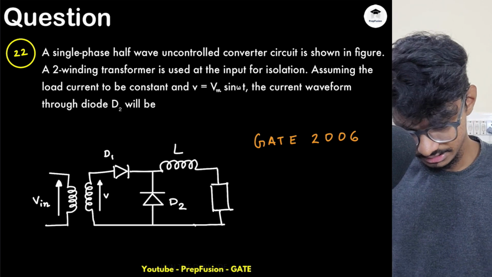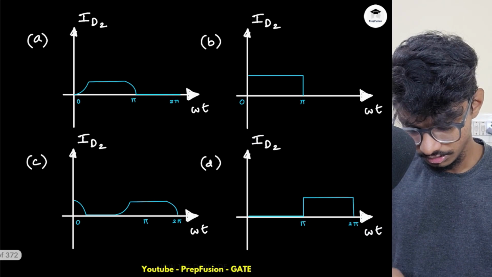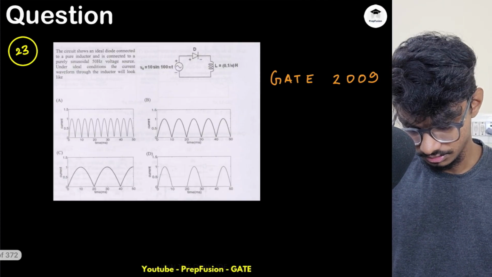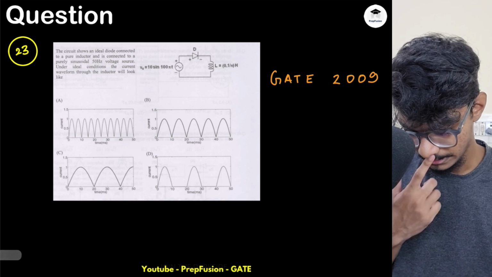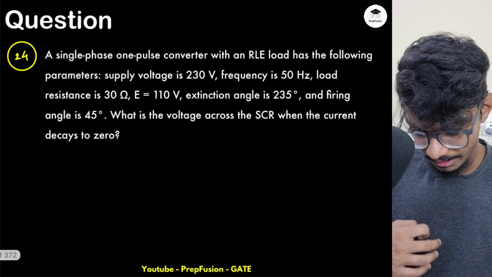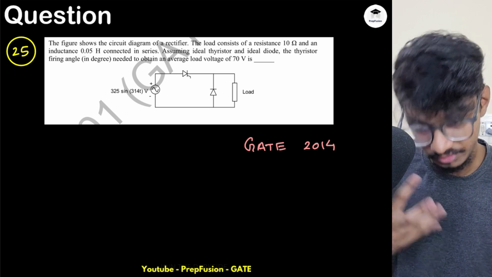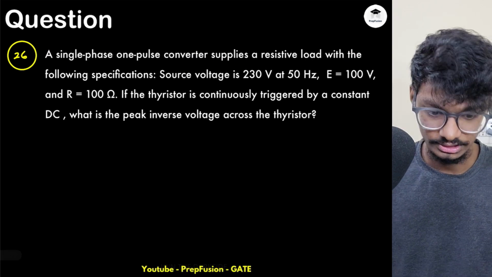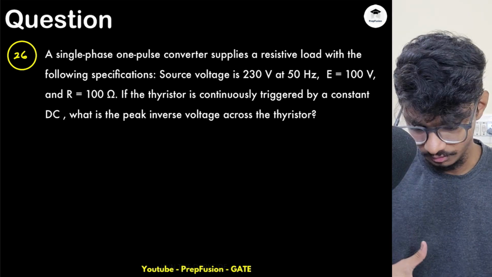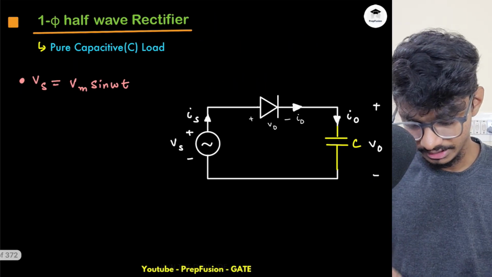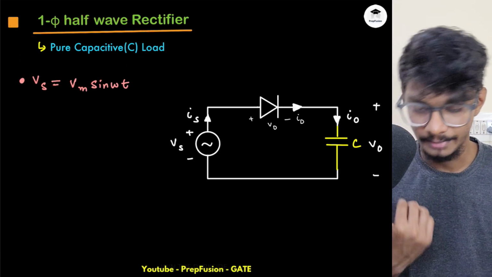And sixth, I think there are a few more. We'll do a lot of questions in the next lecture. And this is the last one. I believe after that we don't have any question. In the next lecture we'll study capacitive load as well.